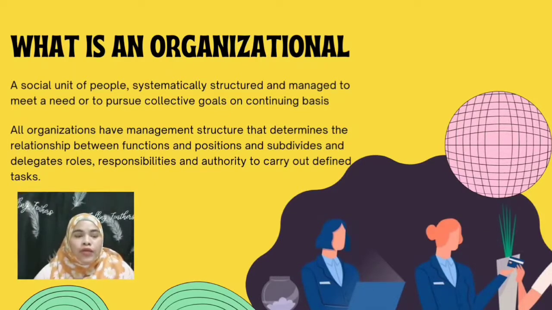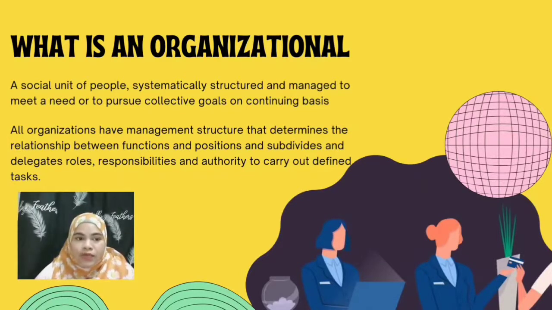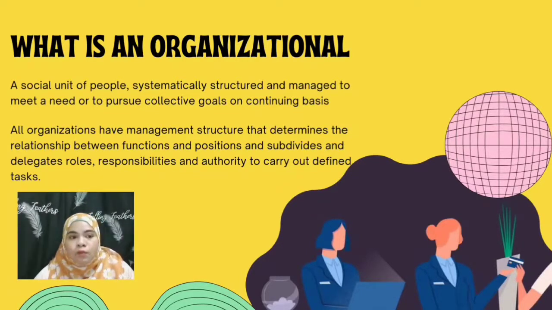Besides, all organizations need to have a management structure that determines the relationship between function and position and subdivides and delegates role, responsibility, and authority to carry out the defined tasks.